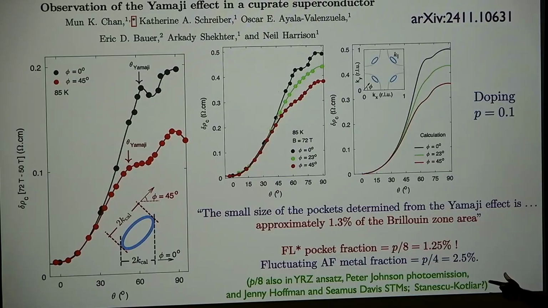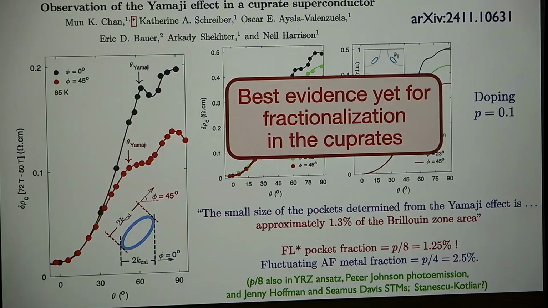Whereas in the spin density wave theory, you get 2.5, and that's clearly not what they see. They see something much smaller. I don't know if this is conclusive, but it's certainly the best evidence for fractionalization yet. That doesn't mean it's good evidence, it's just the best. Being very careful.